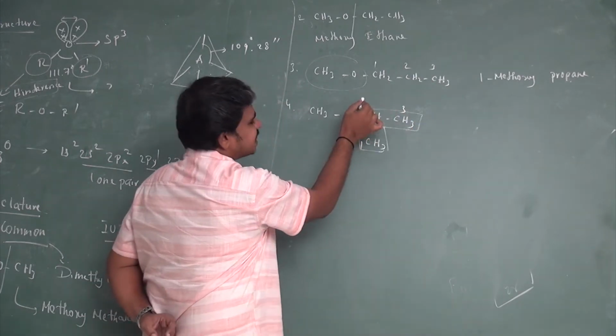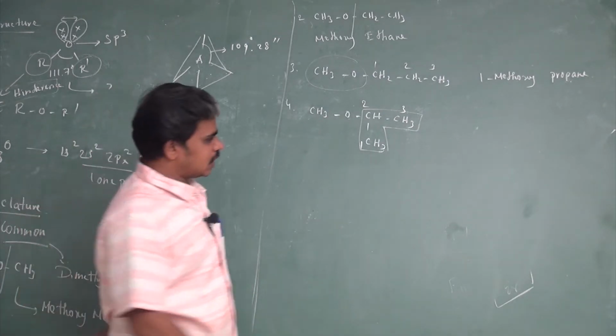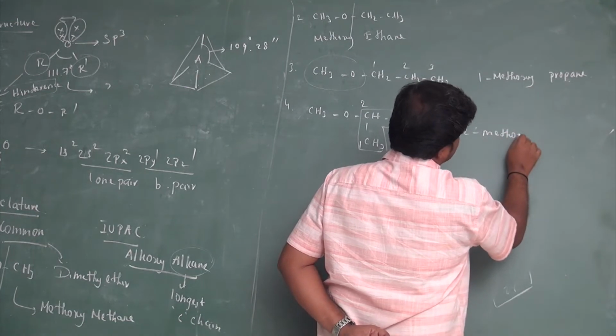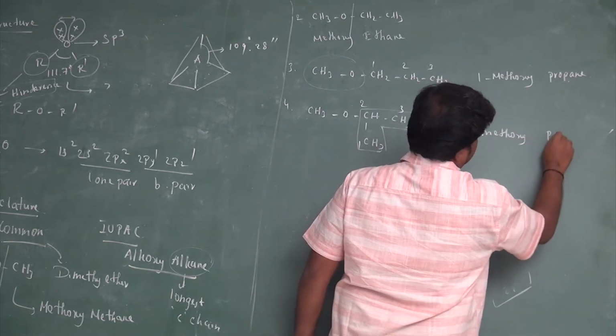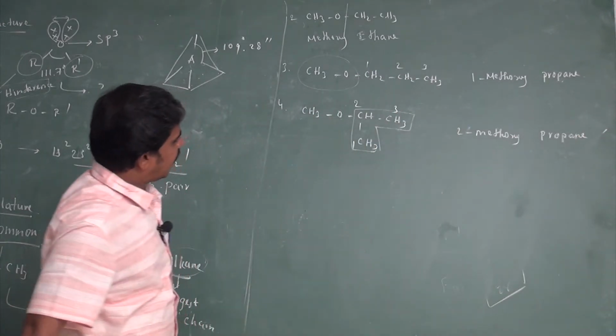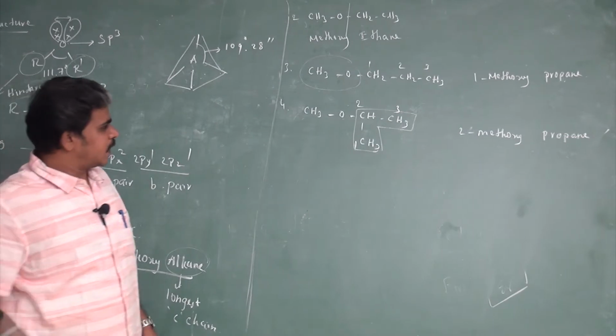At the second position, the methoxy group is attached, so it is known as 2-methoxypropane. Likewise, for aliphatic ethers, we may give that naming.